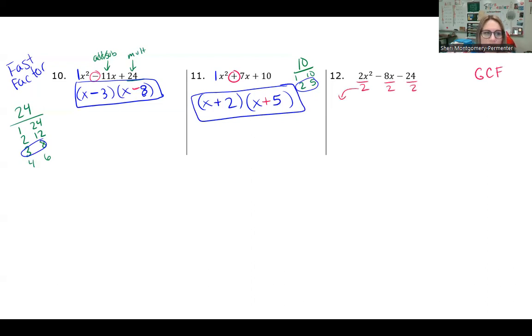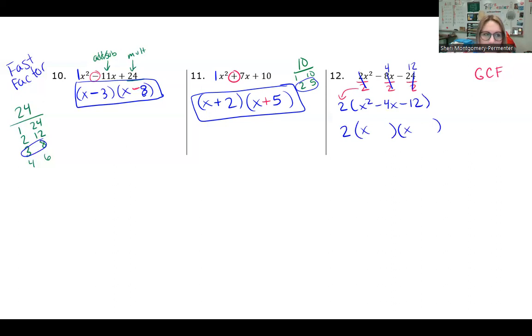And remember, that means it goes out and is written in front. 2 divided by 2 is 1, so I have x squared. 8 divided by 2 is 4. 24 divided by 2 is 12. Now I can factor, because the leading coefficient is 1. The 2 is along for the ride, don't lose it.